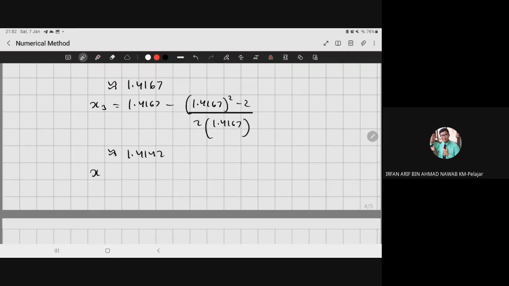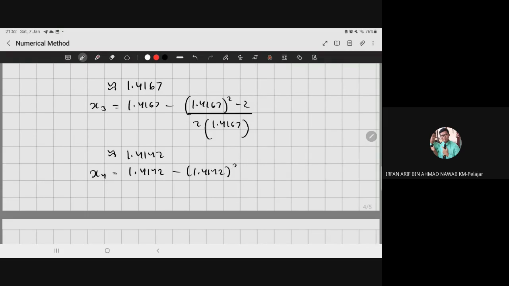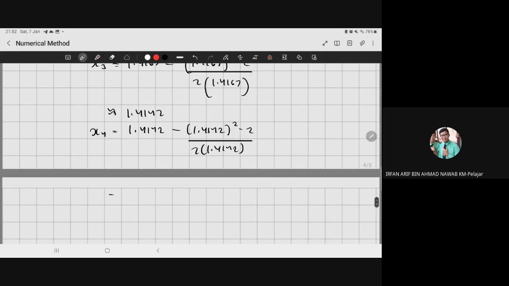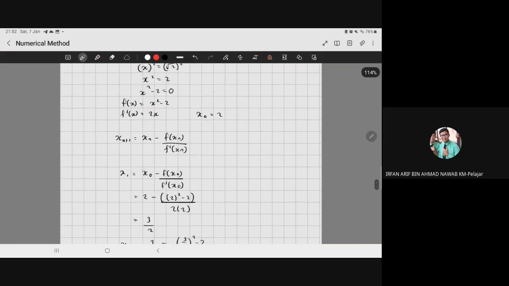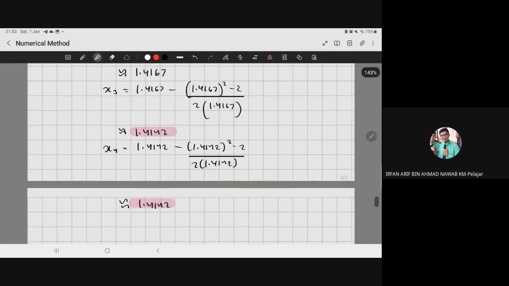So x sub 4 is 1.4142 minus (1.4142 squared minus 2) divided by 2 times 1.4142, and then you should get 1.4142. So there are two values consecutively which are the same.